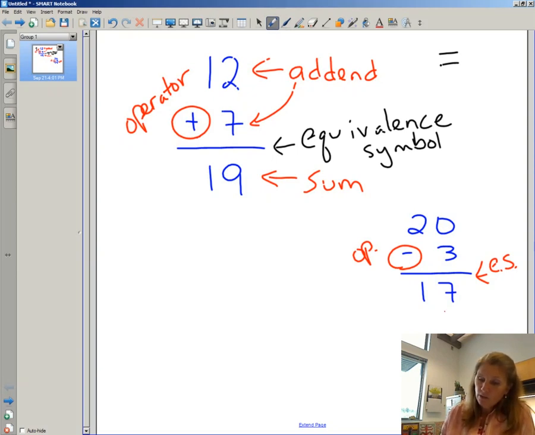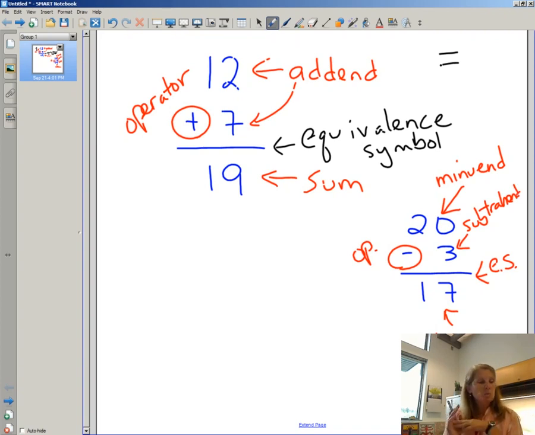The answer to a subtraction problem is the difference. The number you're subtracting from is called the minuend, and the number being subtracted is the subtrahend. And if you don't remember those, you can go back to the subtraction video, which I think is lesson 3, and look those words up again.